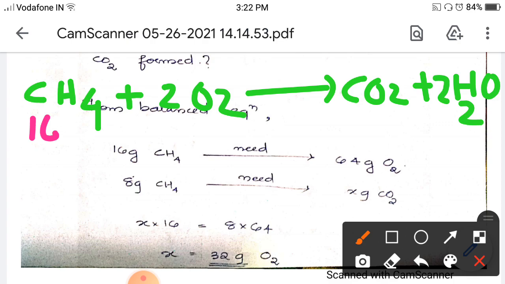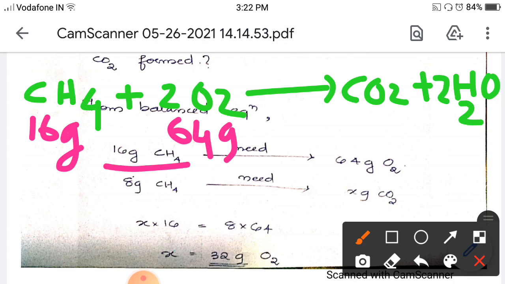That is 16 gram. This calculation we had already discussed in my previous videos. Then 2O2 means it is 64 gram O2. So 16 gram CH4 is needed for 64 gram O2.